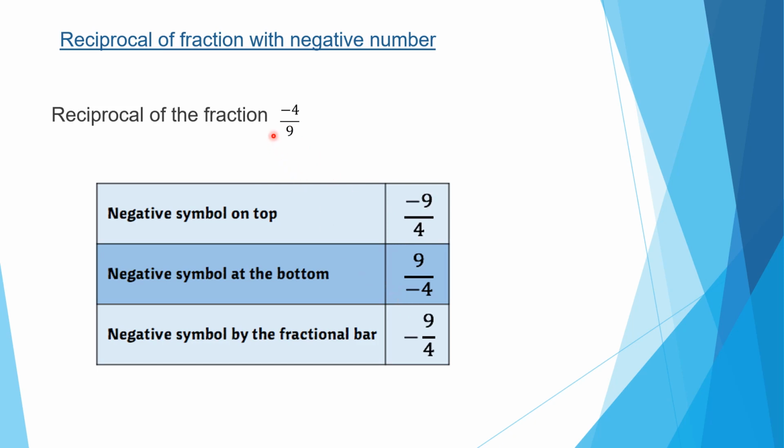Or the entire number along with the sign we can bring to the denominator, that is minus 4, and 9 in the numerator we write. Otherwise, we keep the negative symbol outside and just interchange the numbers. That means the three ways are minus 9 by 4, or 9 by minus 4, or minus 9 by 4.